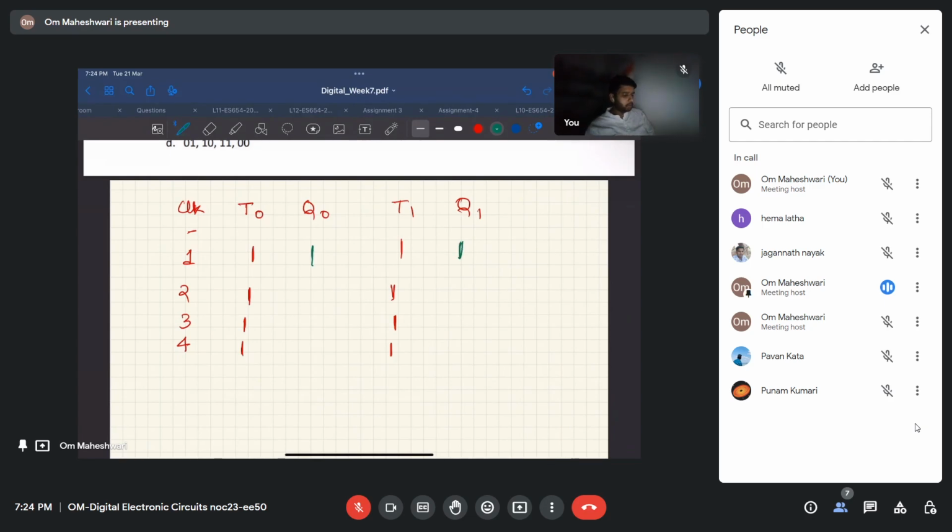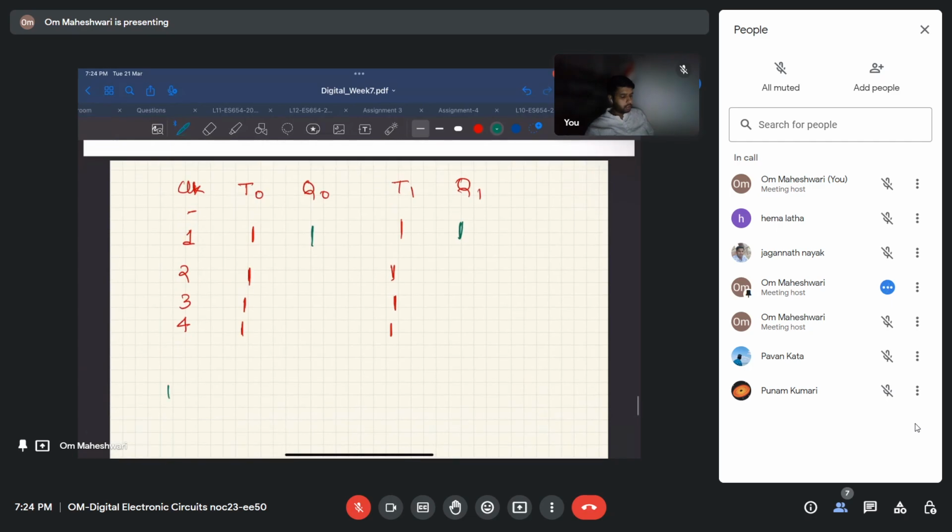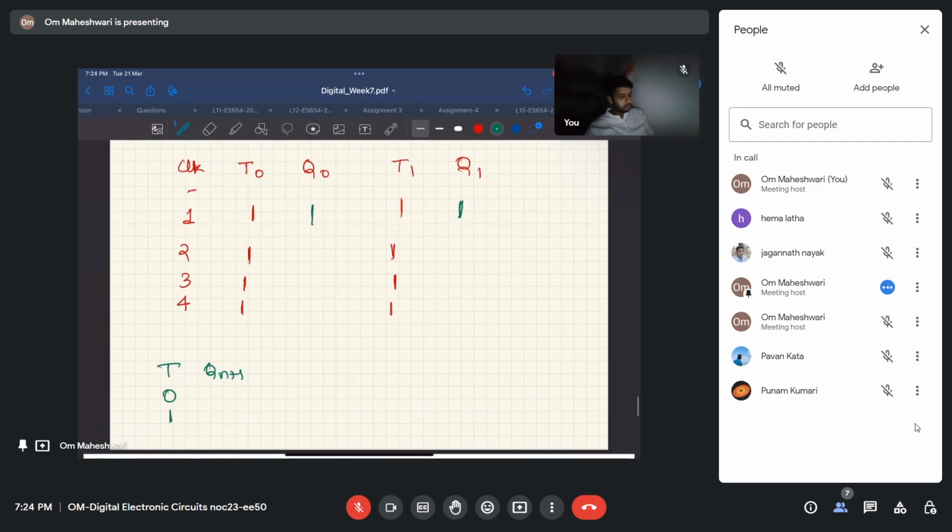Okay, so we know the truth table for T flip flop, right? T, Q n plus 1. Whenever T is 0, it will remain Qn. Whenever it is 1, it will flip to Qn bar. So here all are these conditions only. So in each cycle this will flip, right?